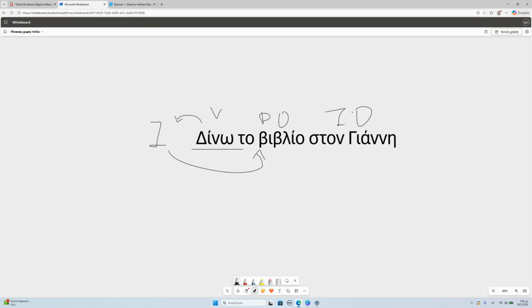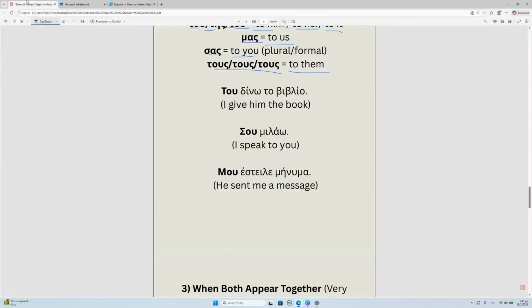But now, because we said we don't want to repeat ourselves, we will go here and look at this. We will put it before the verb, and we will say του δίνω το βιβλίο. You see, I put the indirect object before the verb.